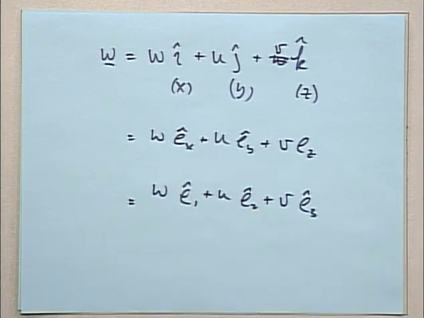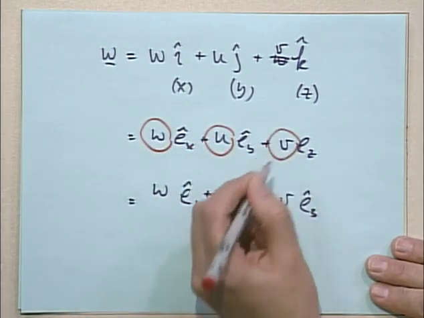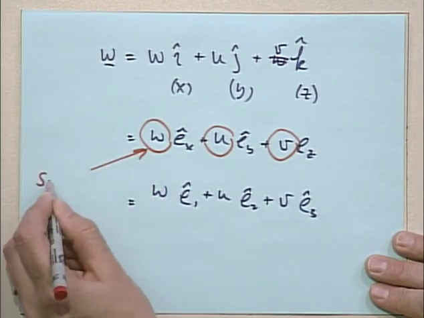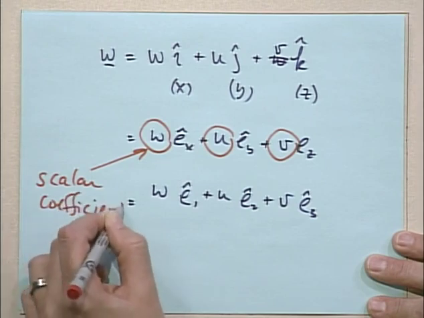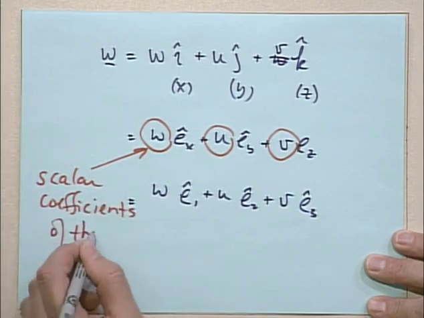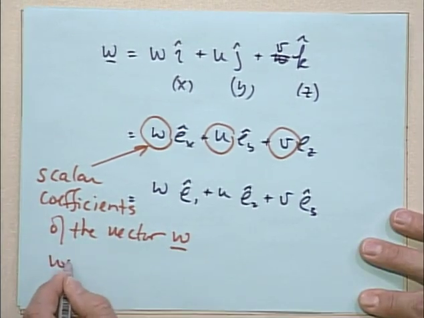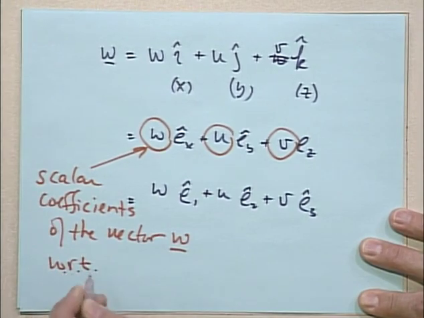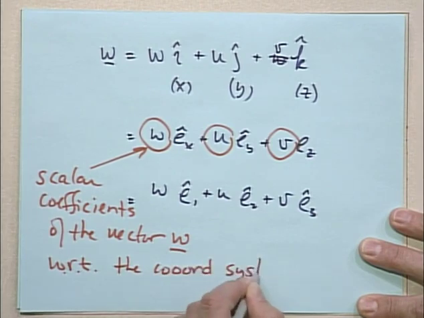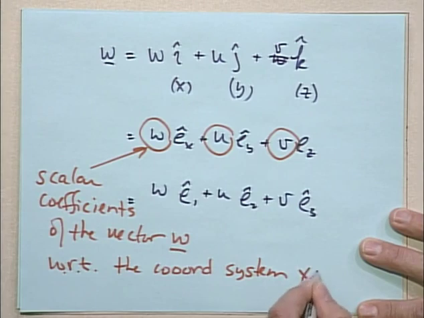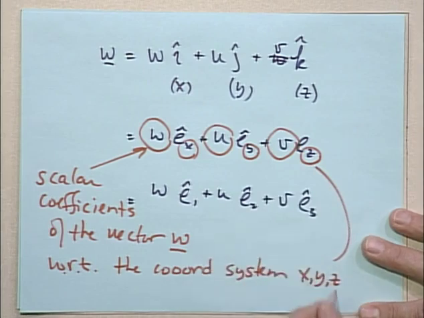Now, these coefficients in the front are scalars. So these coefficients in the front are the scalar coefficients of the vector W with respect to, so WRT, with respect to the coordinate system, and in this case, it's the X, Y, Z coordinate system.